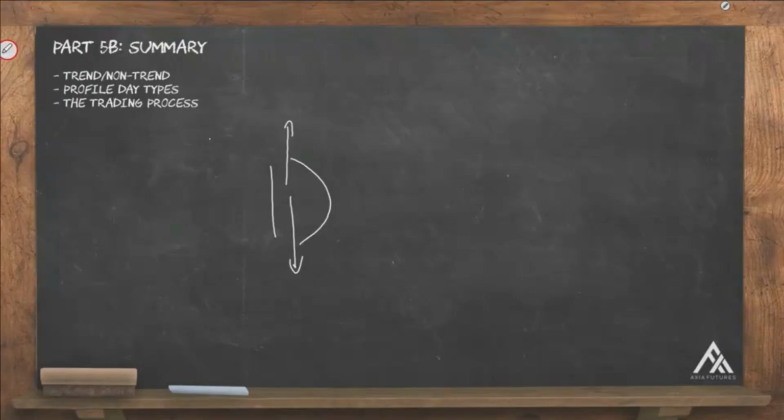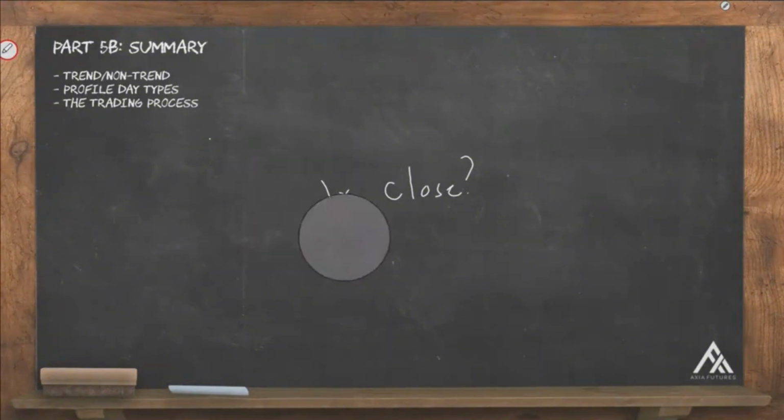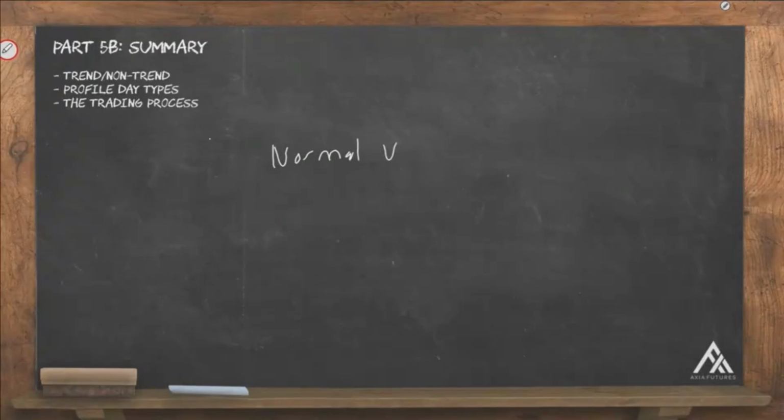The important thing to understand with this day type is the close. Do we have a normal close in value, or do we have an extreme close to which we need to pay attention for an early identifier for the next day? Now, our third example we spoke about was the normal variance. A normal variance, as the word variance suggests, is where we have a little bit of non-symmetry in the market.